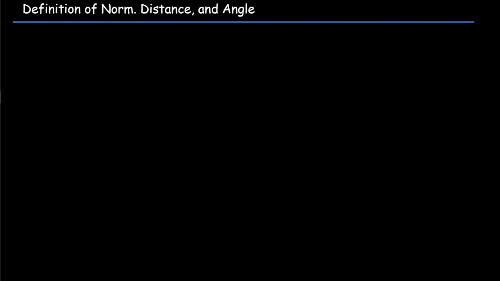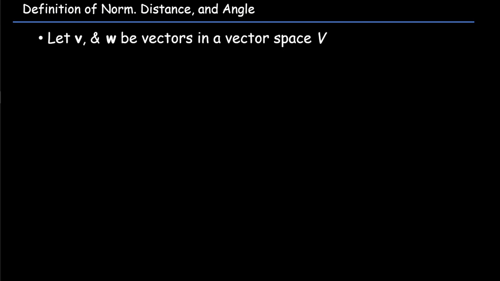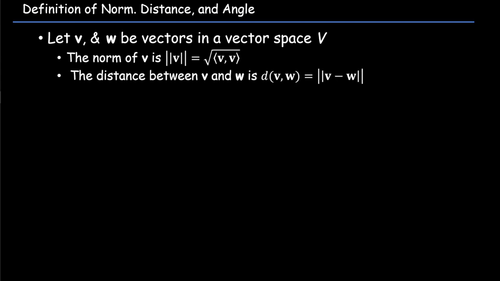Before we do that, we'll establish our definitions by letting v and w be vectors in a vector space V. The norm, or the length, of v, written as the absolute value of v, is the square root of the inner product of v comma v. And the distance between v and w is given by d of v comma w, which is the same as the norm of v minus w.